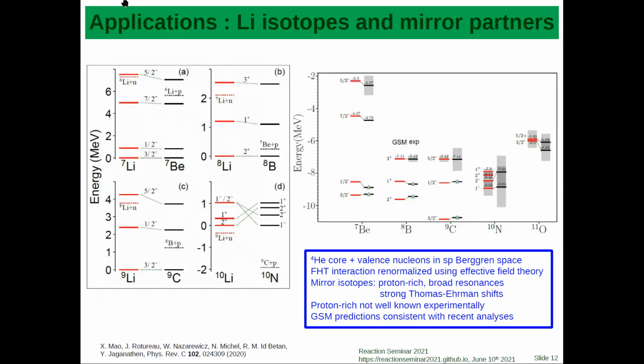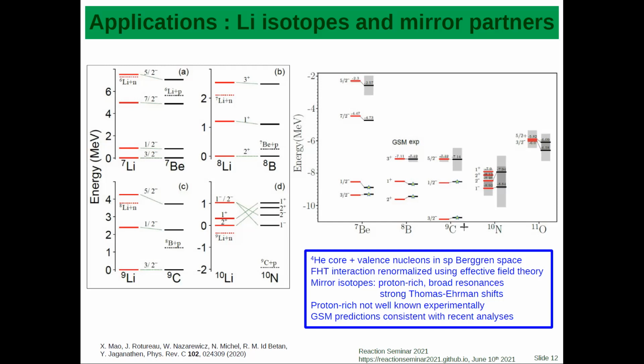And also, as I said before, we could use renormalization of the interaction by neglecting parameters which are not important, and this could be done using effective theory arguments.